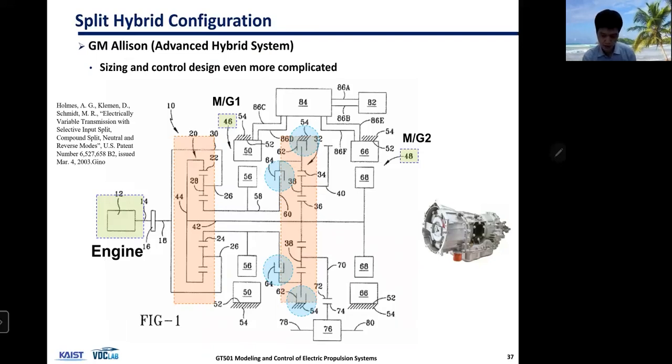So don't worry if you do not understand these slides. It's just that there are many variations, many types of split hybrid architectures we can create using multiple PGs and multiple clutches.